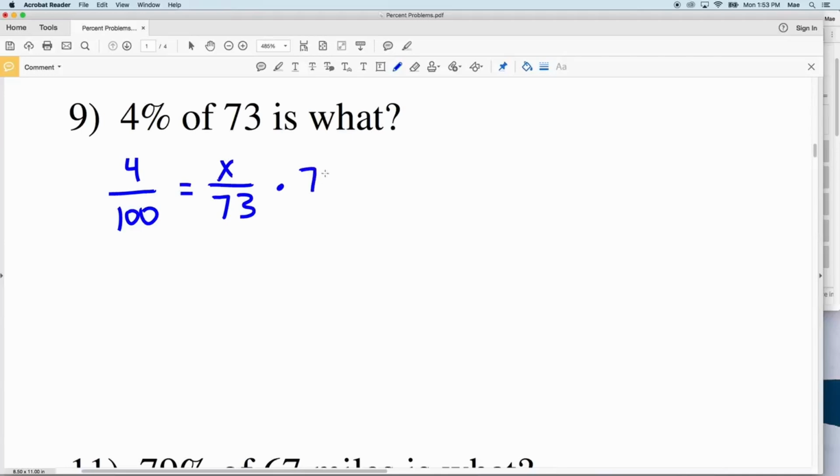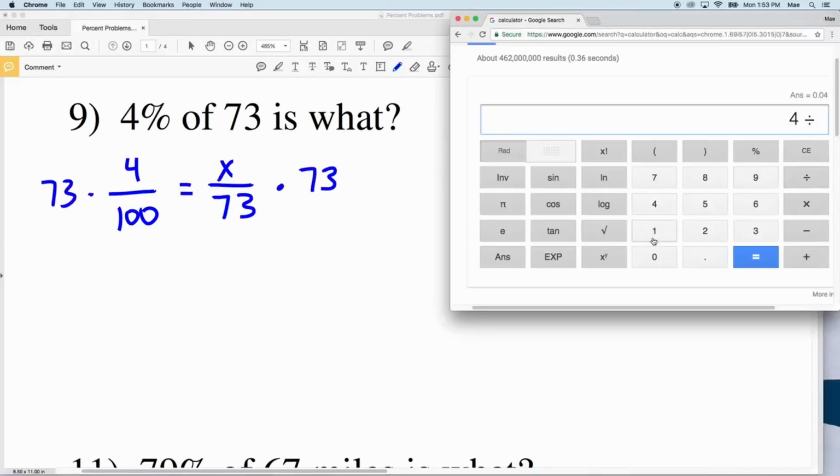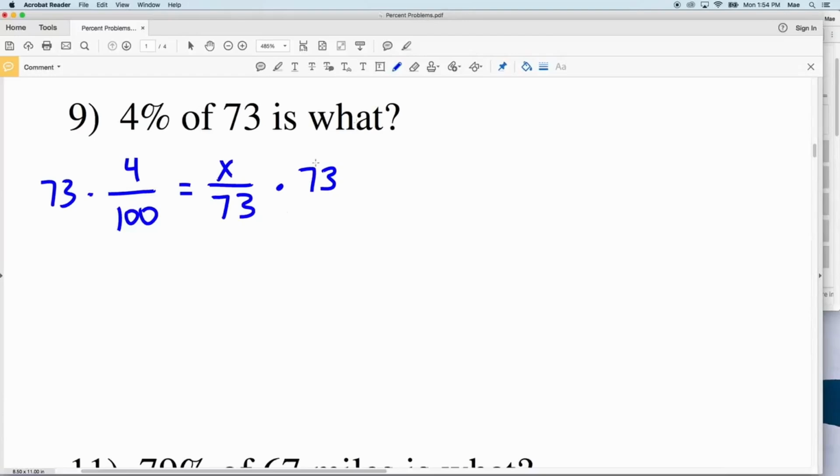We're going to multiply both sides by 73. 4 divided by 100, which we know is 4 hundredths, and when we multiply that by 73, we get 2.92. And we're rounding to the nearest tenth, so we're getting 2.9 for x. So 2.9 is 4% of 73.